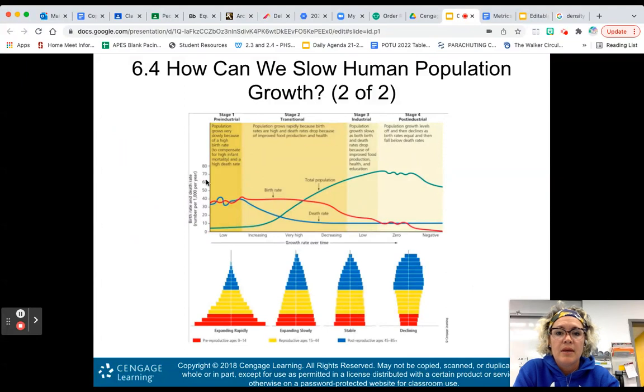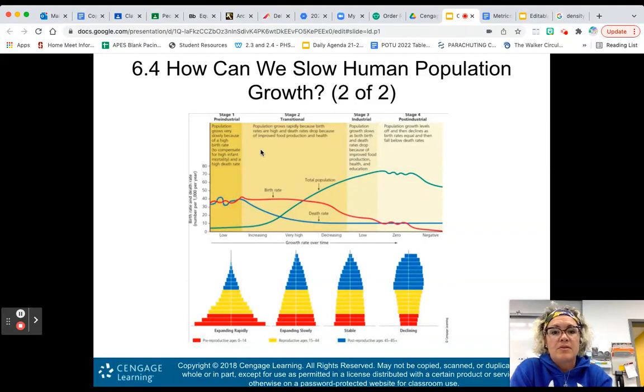We talked about the demographic transition. This is an example of it, with typical issues that come. At stage 1, pre-industrial, population grows slowly, but birth rates are high. That means that death rates are high, so infant mortality is high, and you just get slow growth in population. Those rates match each other.